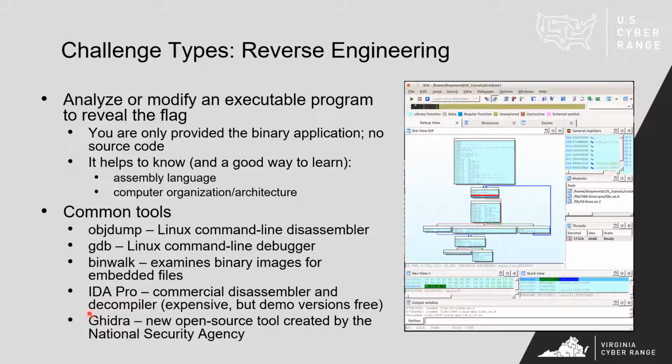Another tool that is gaining popularity is relatively newer than IDA Pro, right? IDA Pro has been around for probably 10 or 12 years, and Ghidra is a relatively new tool. The cool thing about Ghidra is that it's free and open source, and it was created by the National Security Agency for use by the National Security Agency.